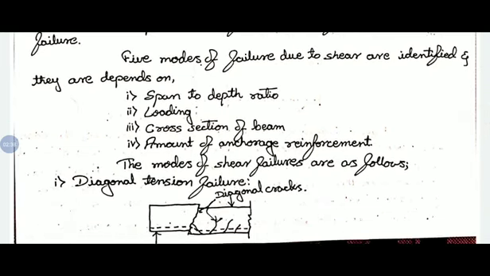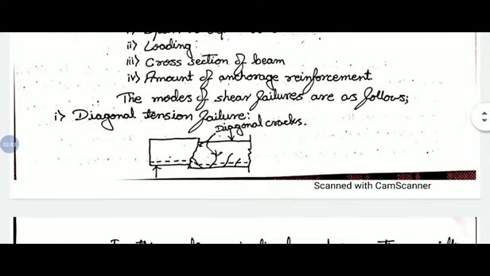So now let us discuss modes of failure due to shear one by one. First mode of failure is diagonal tension failure. In this type of failure the crack propagates rapidly due to inadequate shear reinforcement.